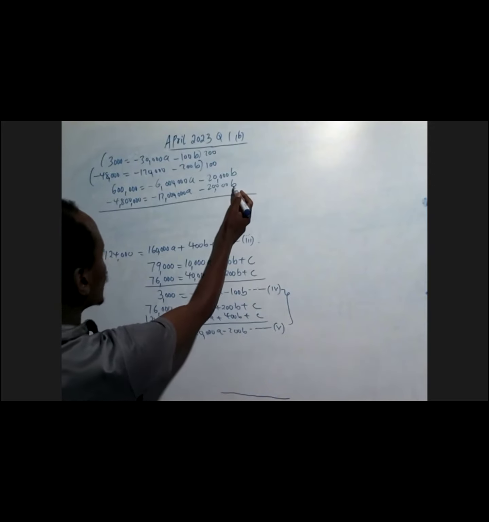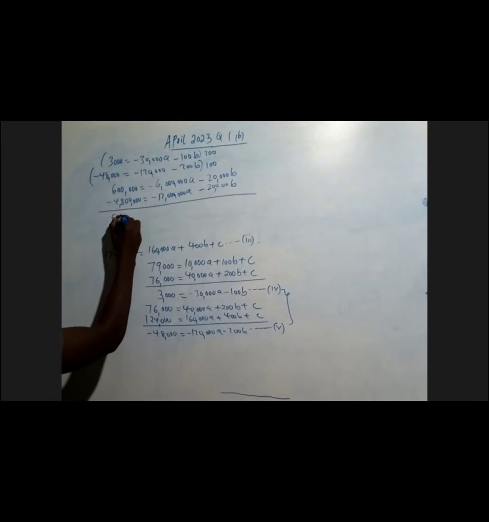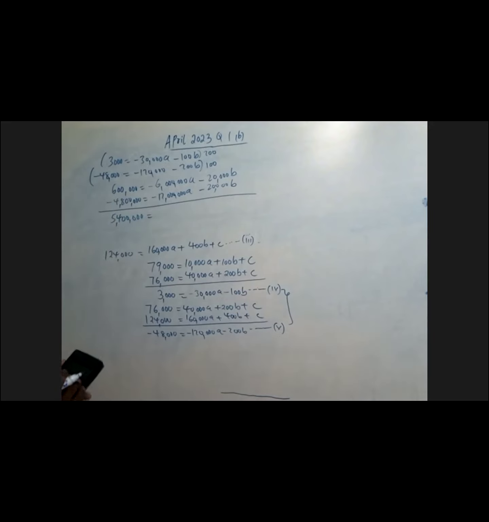So if this one becomes 0, then in this case also we minus. So 600,000 minus 48,000 becomes 54,000. Then minus 6 million minus 12 million.